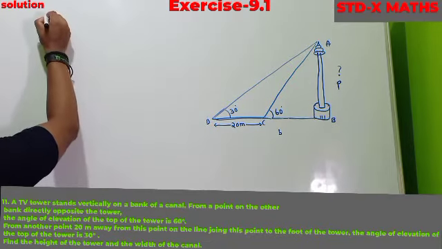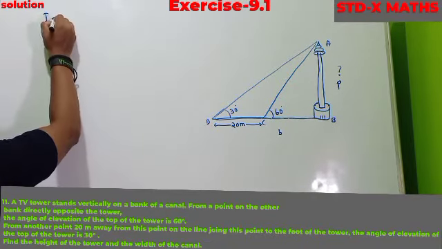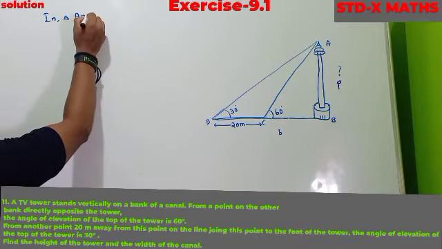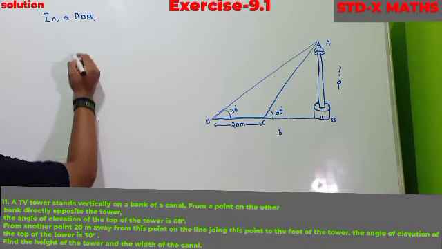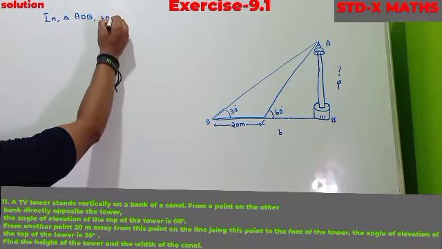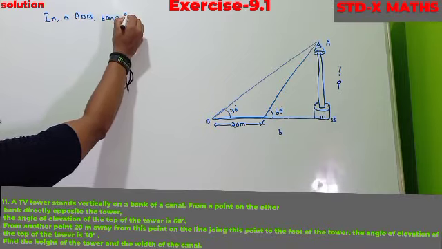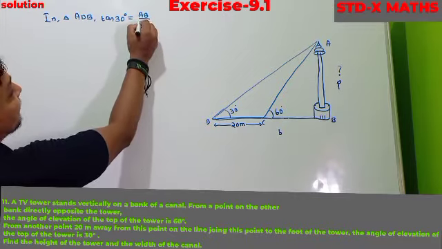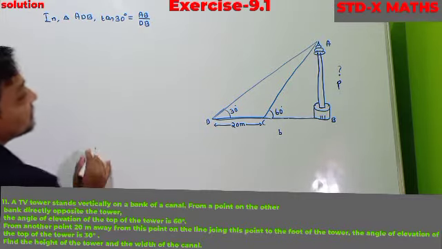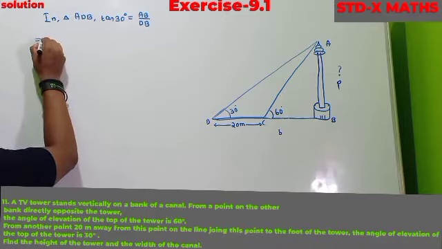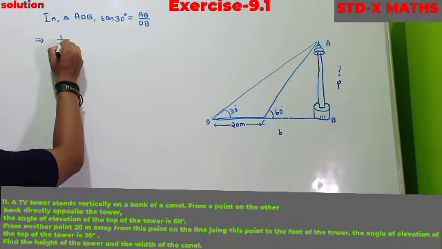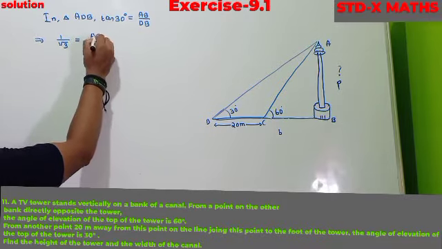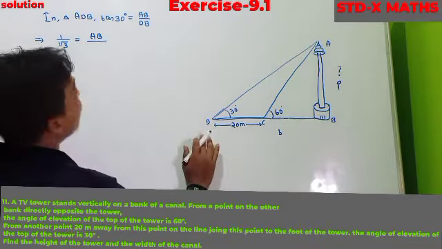Here, in triangle ADB, tan 30 degrees is AB divided by DB, which implies tan 30 degrees, which is 1 by root 3, equals AB, the asked one, divided by DB.